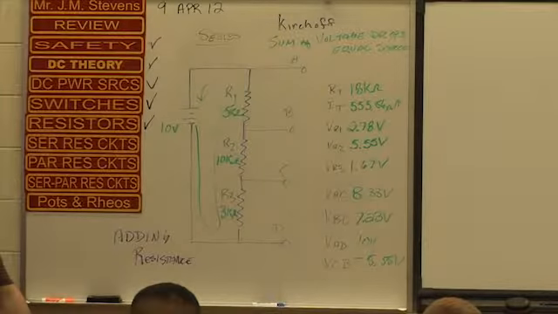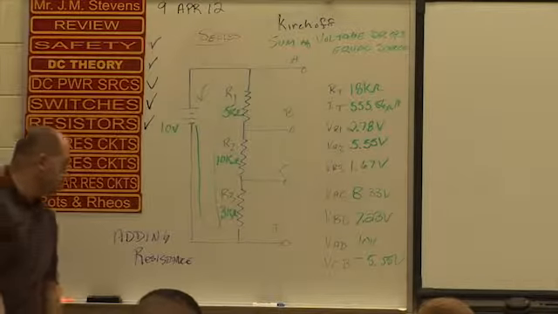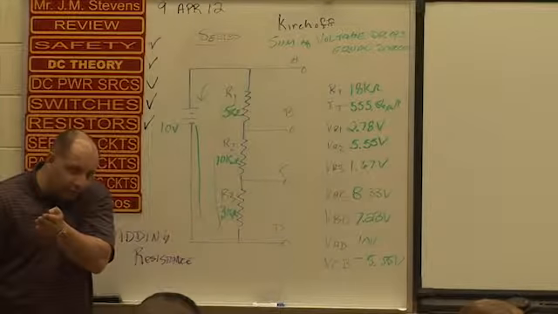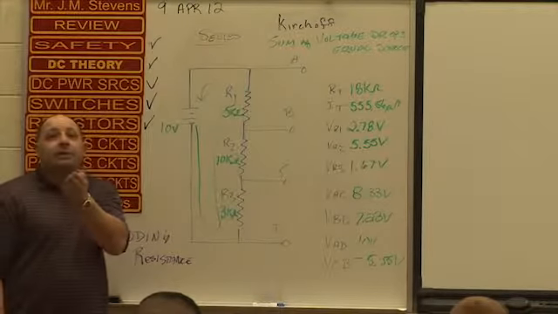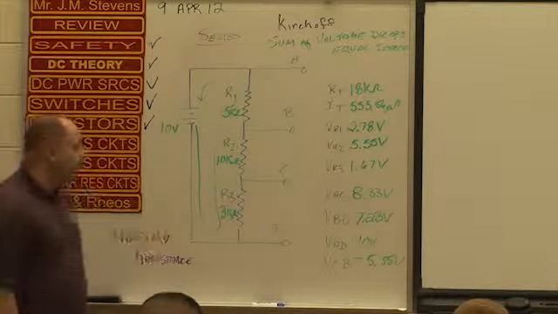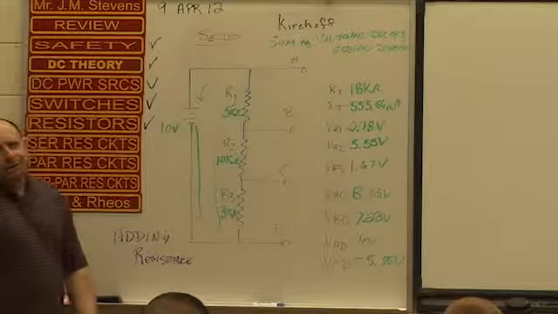The inverse. If resistance increases, current has to decrease. Does that make sense? Yes, sir. And obviously, if I take one of these resistors away, I have less opposition, so therefore there's more current in the circuit, right? Less opposition, more current. Good. Questions on series?